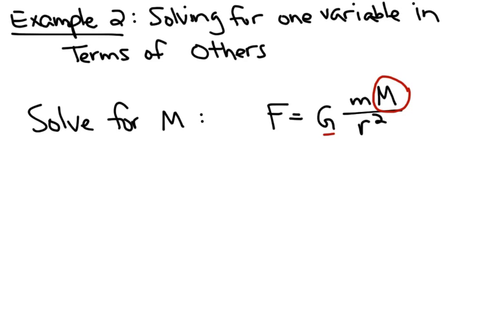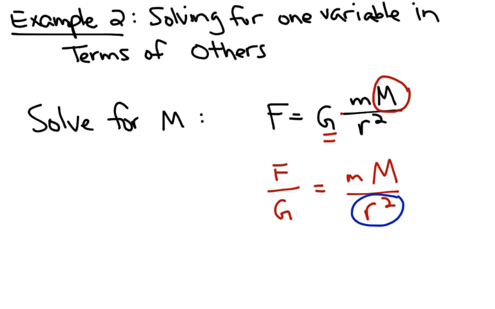So I'm going to start with this G here. Since this says G times little m times big M over r squared, then I'm going to divide by G to get rid of it. Now I'm going to get rid of this r squared. The r squared is being divided on the right side.